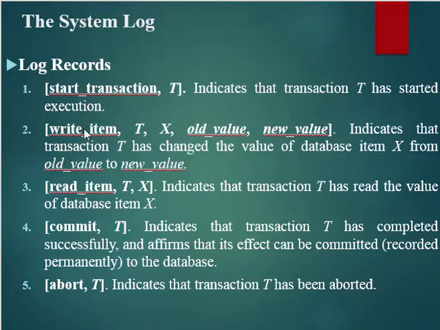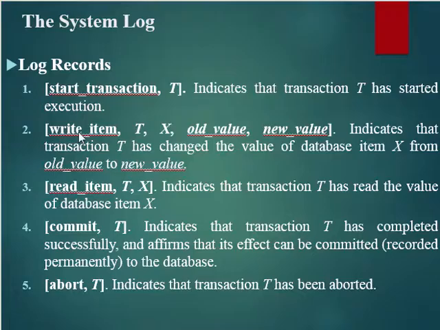The next type of entry is the write_item entry. By looking into that entry we can identify which transaction modified a particular variable, and what the older value of that variable was and the updated value also.